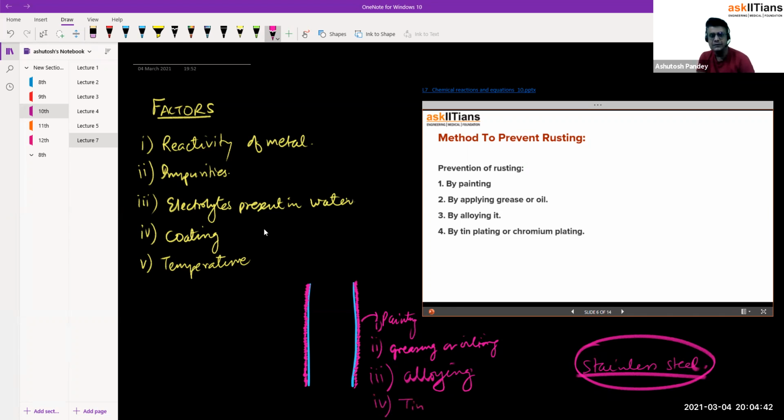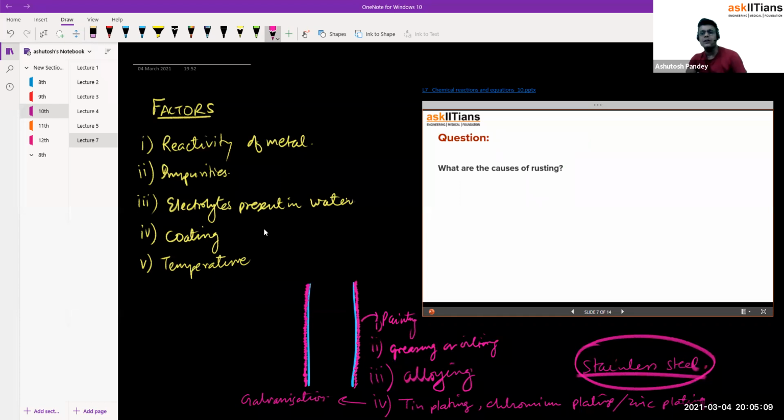Tin plating, chromium plating: these are the metals which are less reactive as compared to iron. Chromium plating or zinc plating, that is galvanization, zinc plating. So these are the methods by which we can prevent rusting.